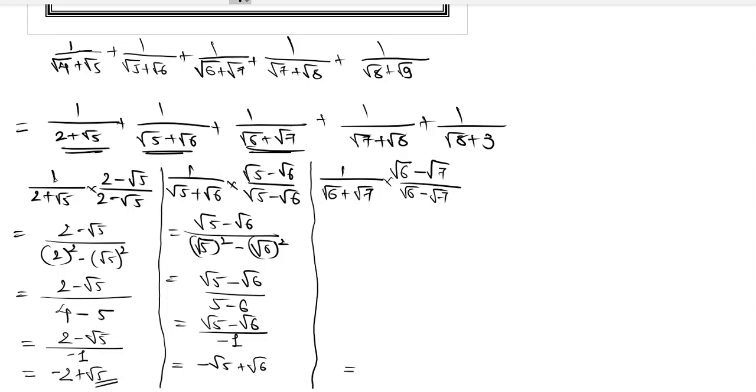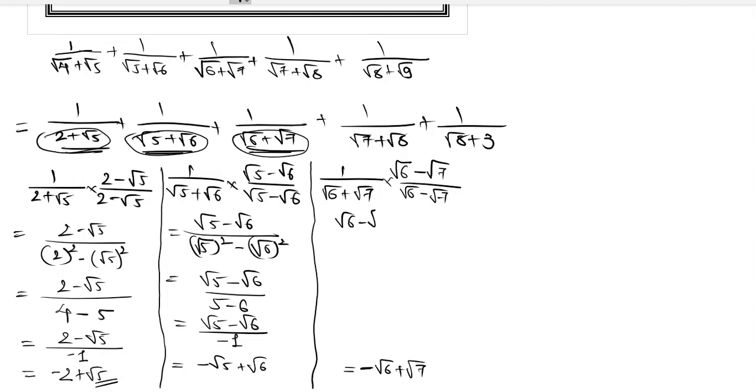The final answer of the first one was minus root 4 plus root 5. So the same thing I got, but only with the first term negative. The same thing I will get here as an answer, but the first term will be negative. So minus root 6 plus root 7 will be the answer. You want to check? Let's check.